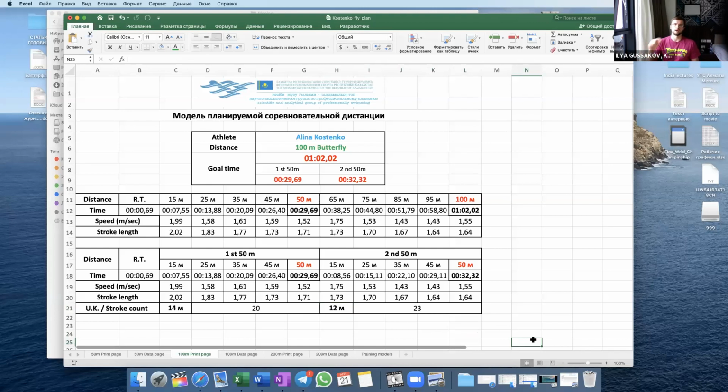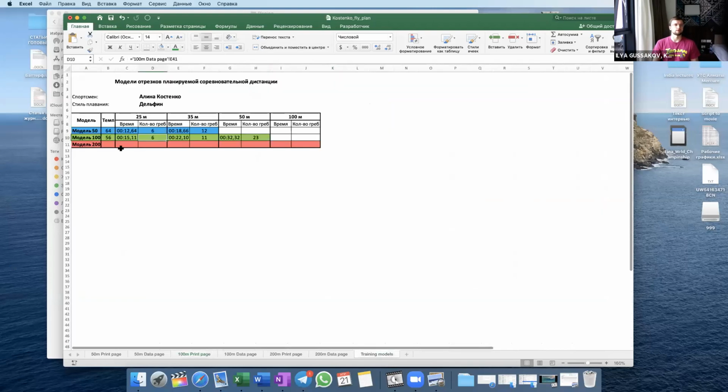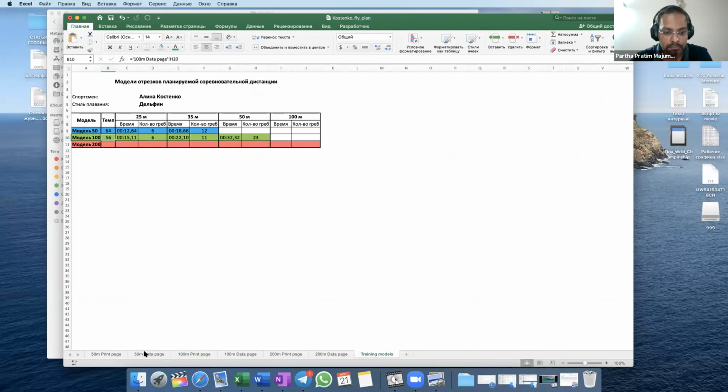We usually set up the number of kicks during underwater. They understand after the start, 10 kicks, after the turn, 9 kicks, for example. And when they go to the competition, they already understand how many kicks they have to do, how many strokes they have to do, and the stroke length and stroke rate, like we do here. Stroke rate is there.